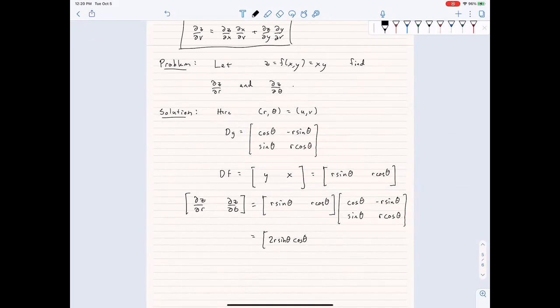Then we get negative r squared sine squared theta plus r squared cosine squared theta, which is r squared times cosine squared theta minus sine squared theta. Again, I do see some double angle formulas, so I get r sine 2 theta, and r squared cosine 2 theta. And I can make this calculation. So this is equal to this, and this is equal to this. We get two equations.